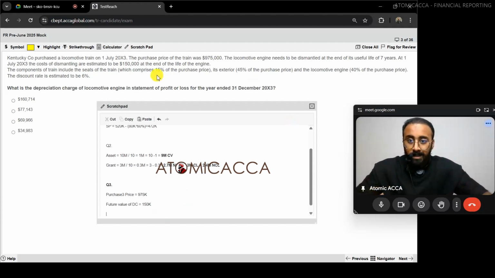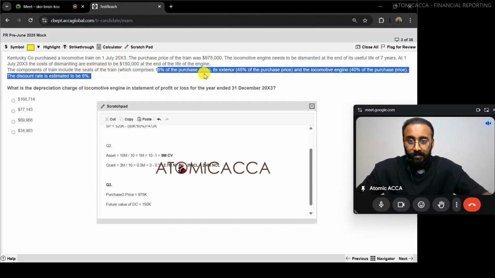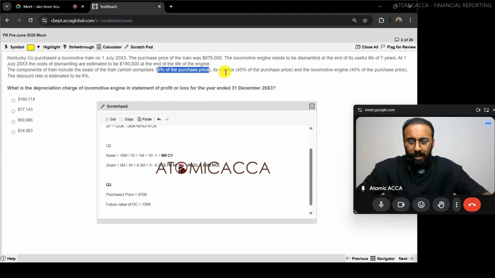The components of train include the seats of the train, which comprises 15% of purchase price.